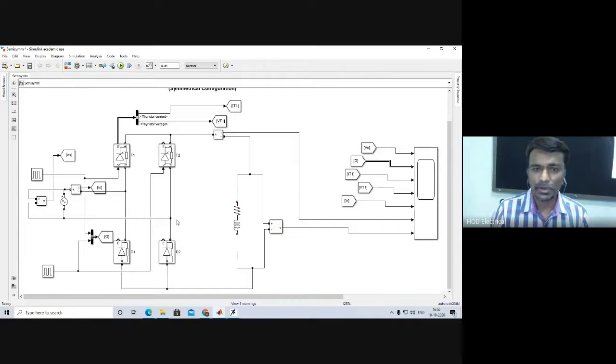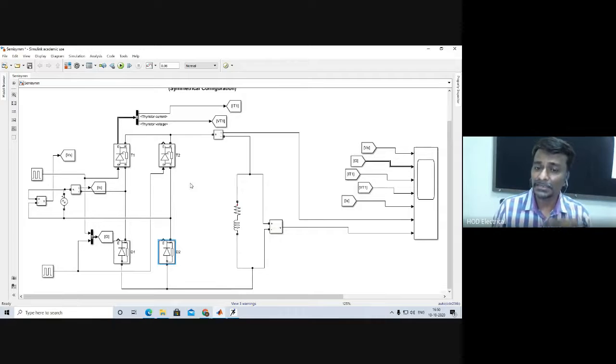During the positive half cycle, T1 and D2 will be forward biased. Then due to the effect of inductance, this polarity will be negative and this polarity will be positive. Thyristor T1 is already in the conducting state, so due to the positive effect, this diode will also be conducting, and the current will freewheel through load, D1, T1 and close, so the output voltage will be zero.